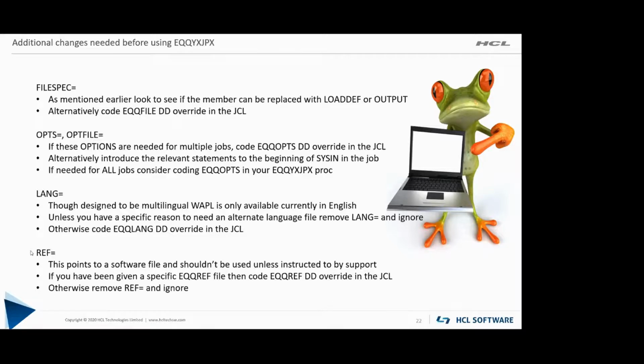So my first thing was, if you've got EQQ ref, find out why it's there. If it's there for solving a particular problem, experiment to see if the problem's gone away, if it's been fixed with a permanent fix in the product now, which it probably has. In which case you can remove ref equals and ignore it. But if you find you still need it in there, then again, code an EQQ ref DD override in the job JCL just for this one job. But like I say, I'll be very surprised if anybody's got these two in the JCL.